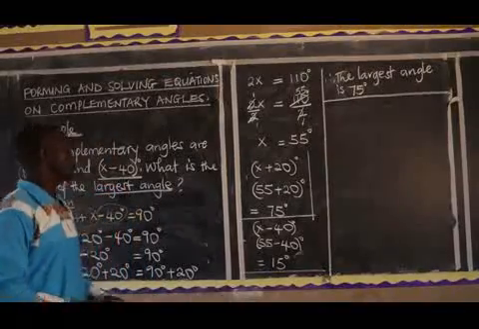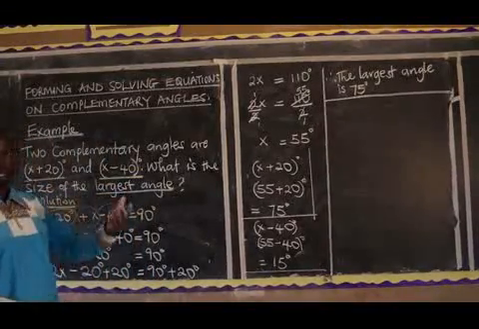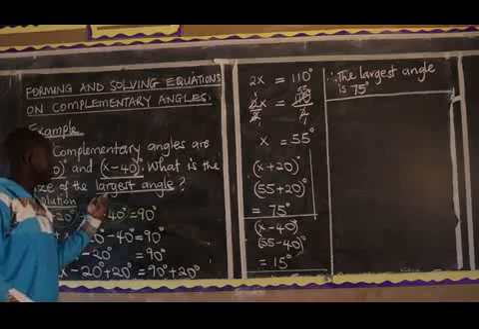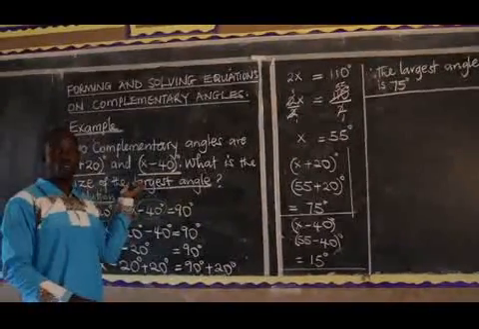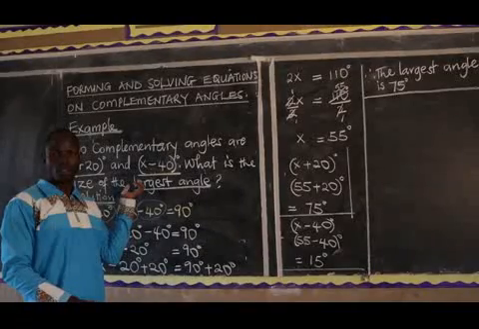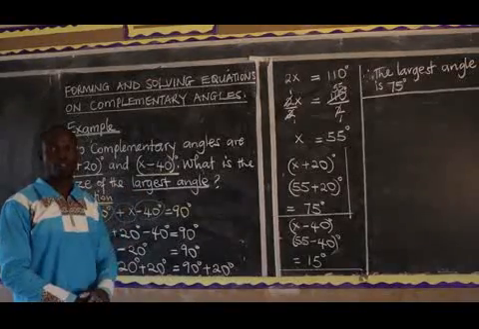That answers this question of ours. Sometimes they can also ask, what is the smallest angle? In that case, which value would you go for? 15 degrees would be the value for that angle.